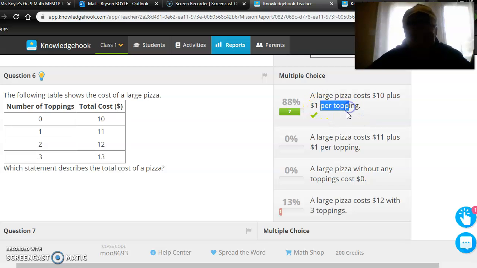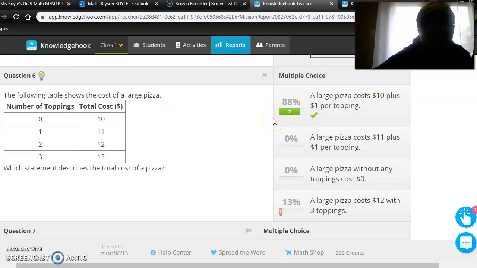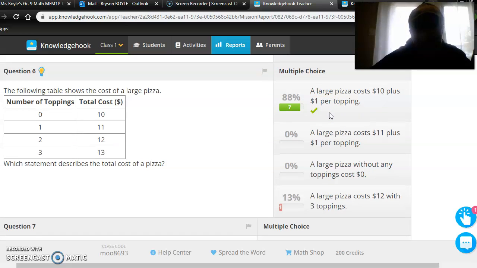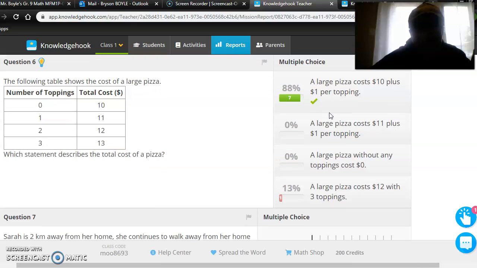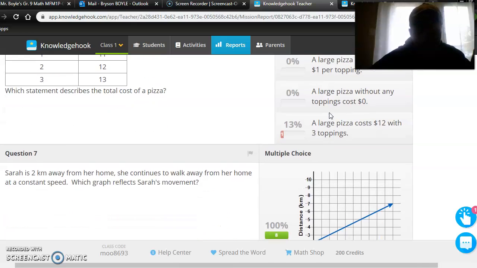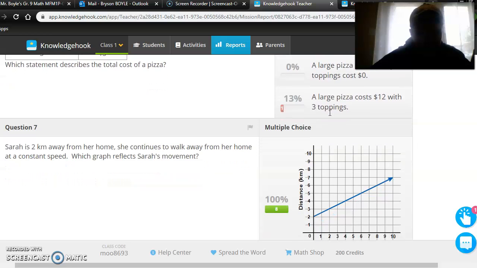Per topping will be our x value that we're timesing the multiplier by. This would be our constant, where we start, and then y would be our total cost of the pizza, right? So total cost of pizza equals 1 times the amount of toppings plus 10, if you wanted to make it into an equation. Constant, multiplier. It's the most important part, so you know what those two things are.